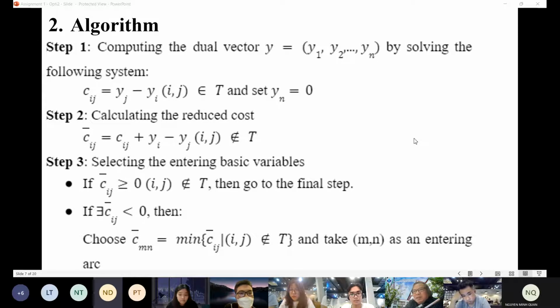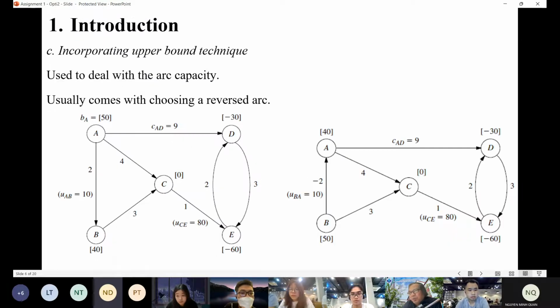But you have to come back to the example. You will use the example to illustrate your algorithm. Is that right? You will use this example.